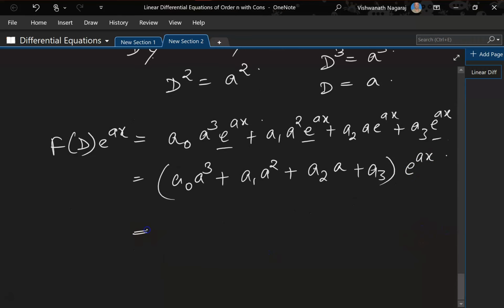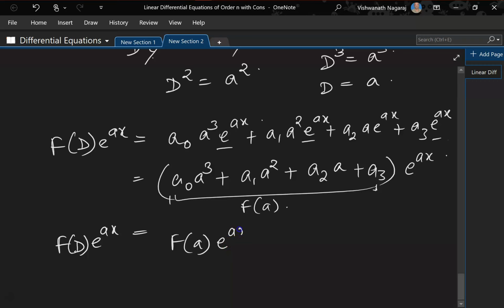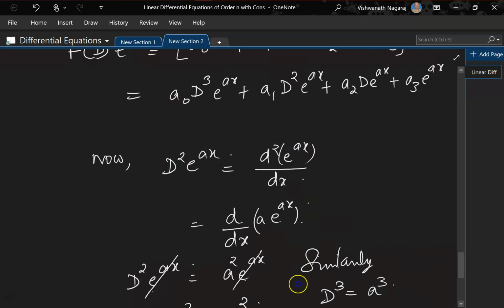Now this part can be written as f of a. So our equation becomes f of D e^(ax) is equal to f of a e^(ax), which is what we had to prove.